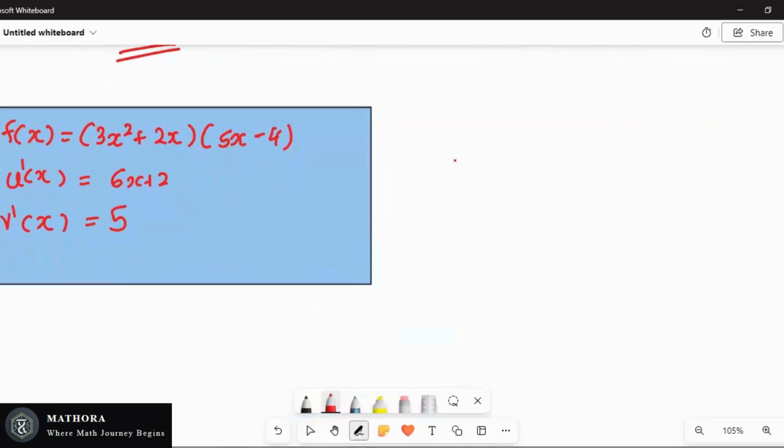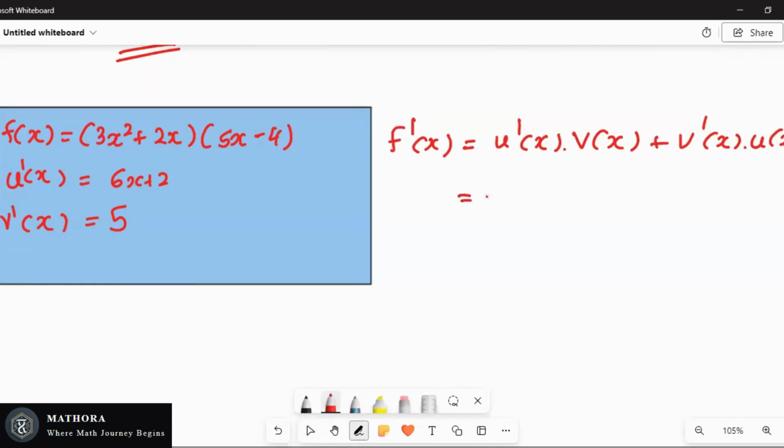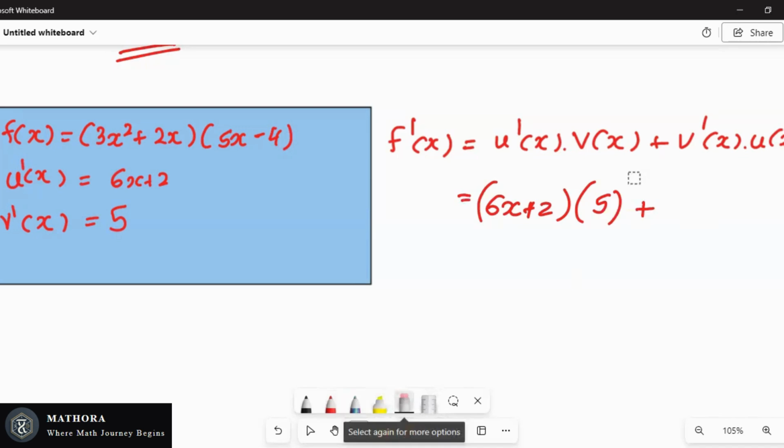So as you all know, the formula is like this: f'(x) will be u'(x) times v(x) plus v'(x) times u(x). So u'(x) is simply 6x plus 2, times v(x)... I'm sorry, I made a mistake.